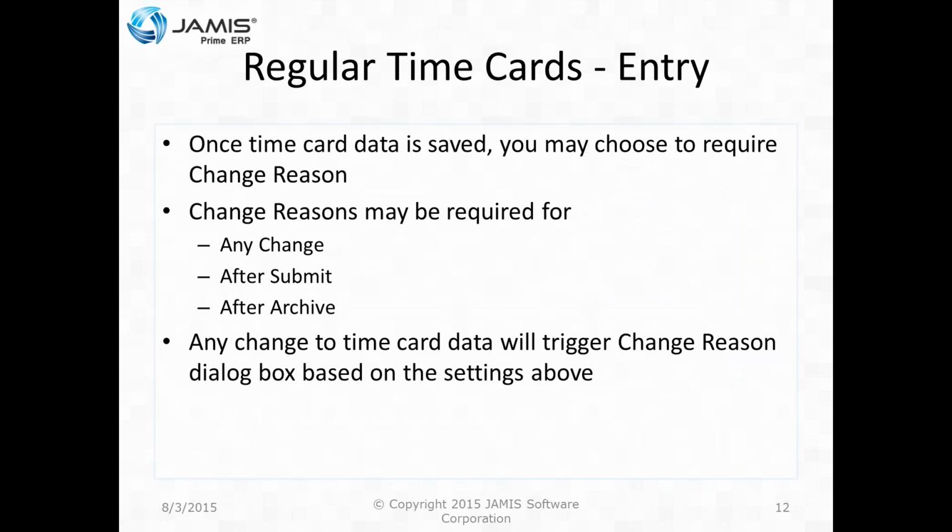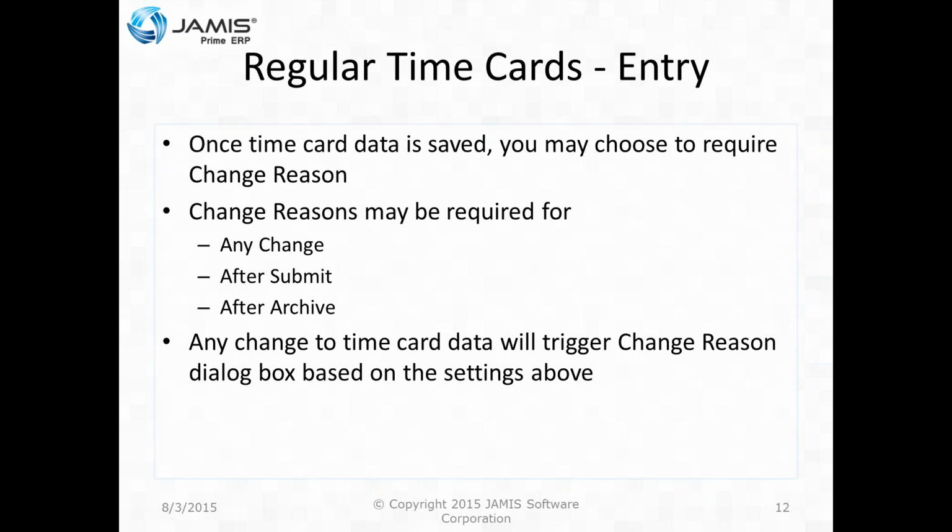Now, as far as entry is concerned, once time card data is saved, and so if I'm saving my time card on a daily basis, you might have change turned on, and I do believe Dawson has change turned on right now. The bottom line is, if I put my time card in today for Monday, and then tomorrow afternoon I decide I made a mistake, even though I haven't submitted it, it's going to ask me, why did I change my time card?